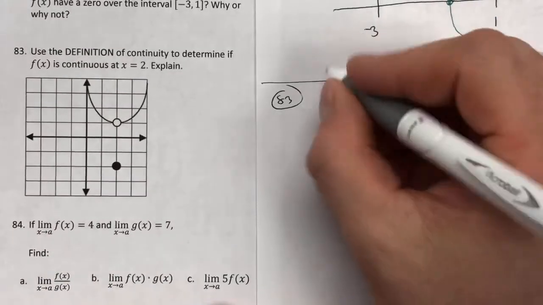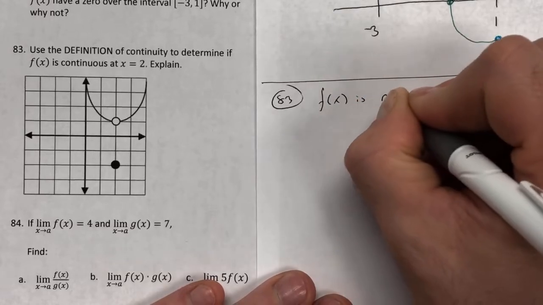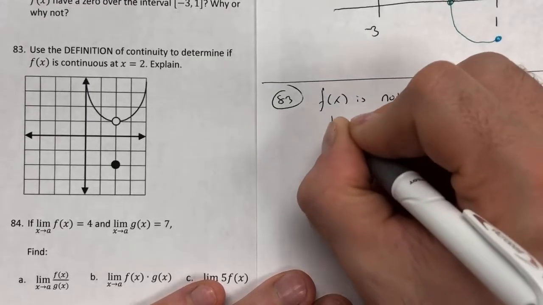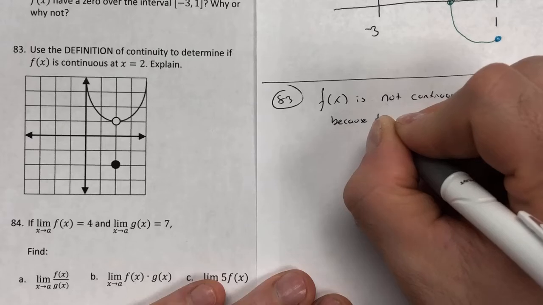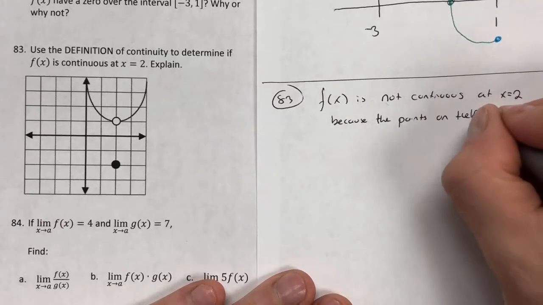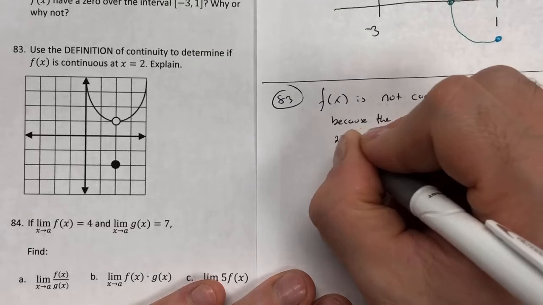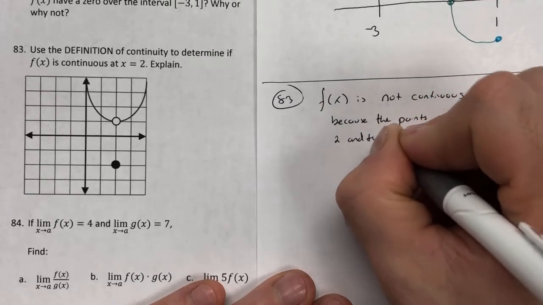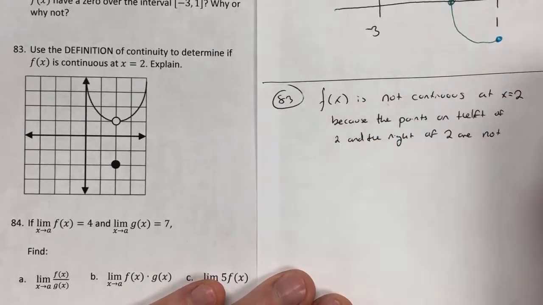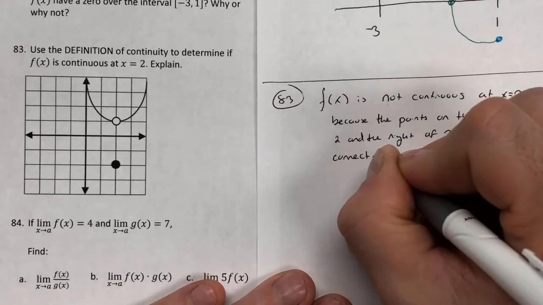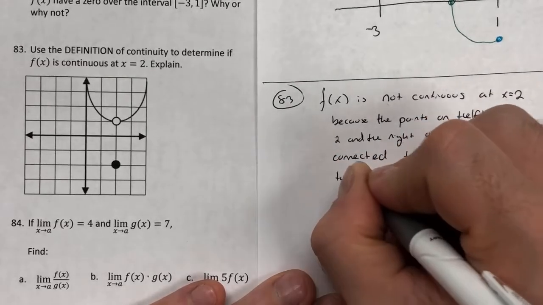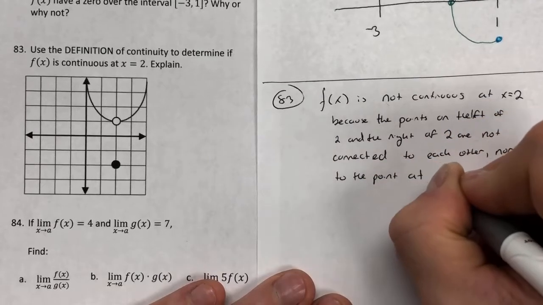So f of x is not continuous at x equals 2 because the points on the left of 2 and the right of 2 are not connected to each other, nor to the point at 2.